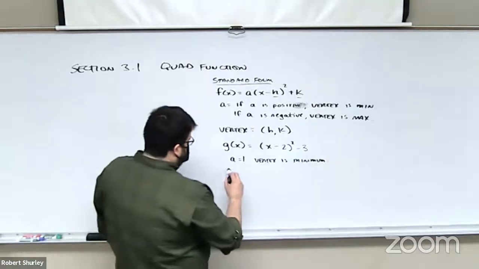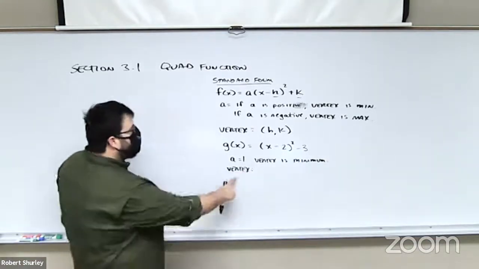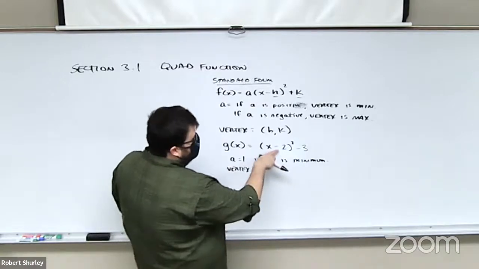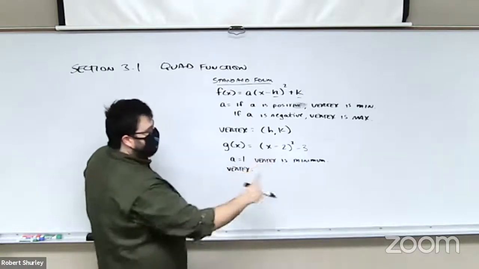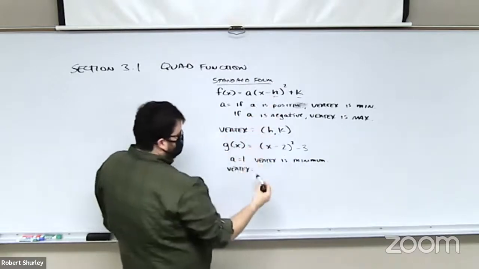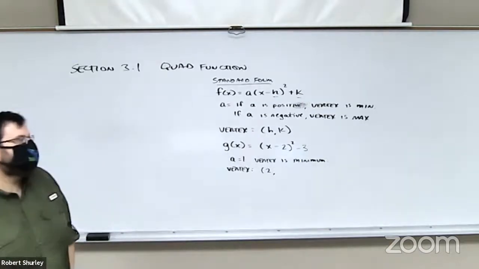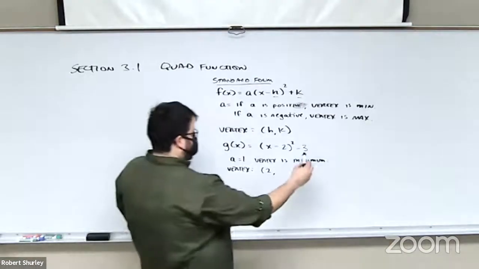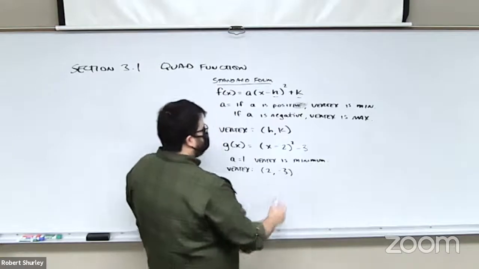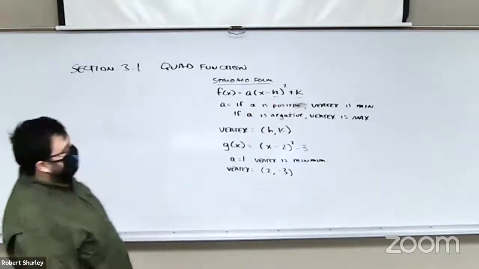Well, what's my vertex? Now look, it's going to be minus 2 on the inside, so that means it goes 2 to the right. And notice it's minus h, so therefore it's a positive 2. So my x value of my vertex is going to be positive 2, but my y value is going to be minus 3. That's my h and my k, okay?